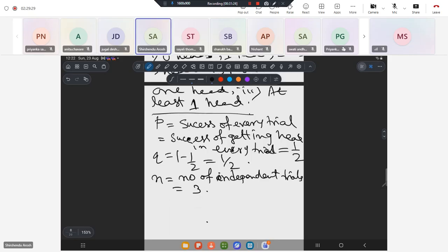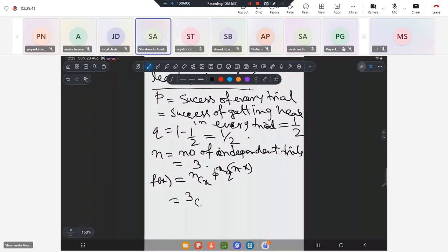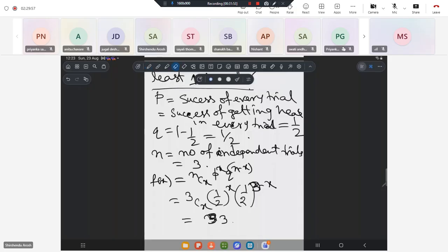So if I want to make the PMF, it is nCx p to the power x, q to the power n minus x. If I just put the numbers, 3Cx half to the power x, half to the power n minus x, that is 3 minus x. So 3Cx half to the power 3.